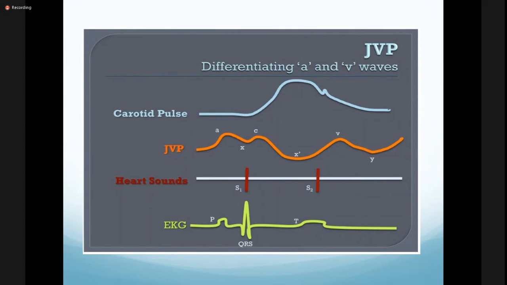Carotid pulsation occurs with ventricular contraction, but A wave is formed during atrial contraction, and atrial contraction comes earlier than the ventricular contraction. So when you palpate the carotid pulse, the wave you find before the carotid pulsation is A wave.